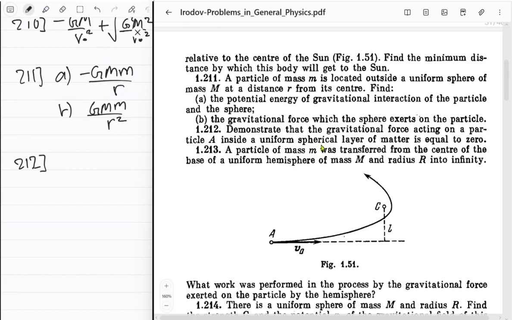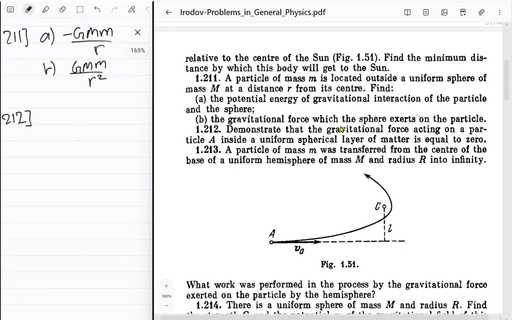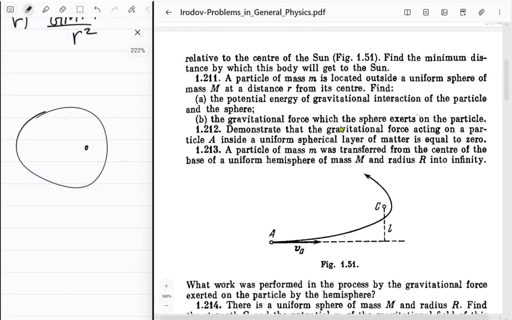Gravitational force acting on a particle inside a uniform spherical layer of matter is equal to 0. We could try to do a surface integral. That's another way of doing it. So we know it's completely in the x direction because of the gravitational force from this kind of ring. So you got whatever kind of body this is, right? It's a sphere, we know that. And you got this strip.